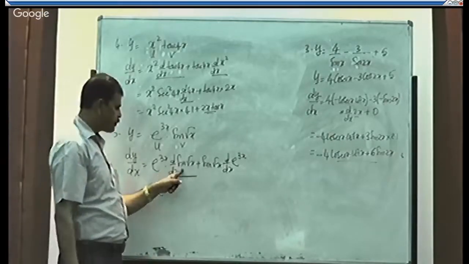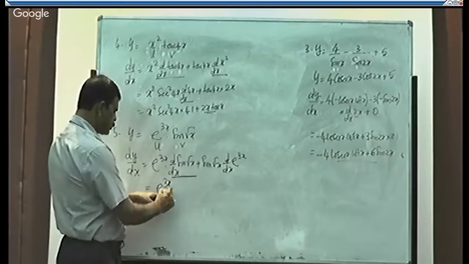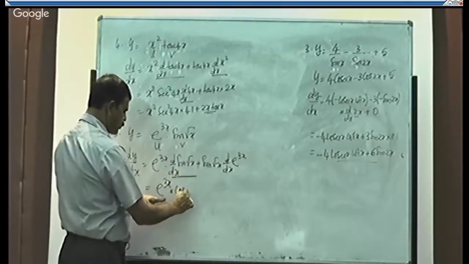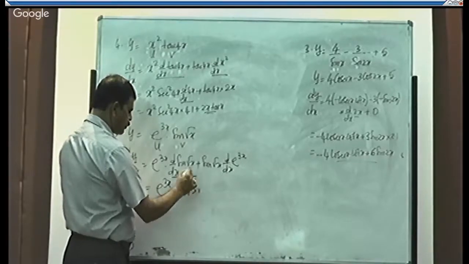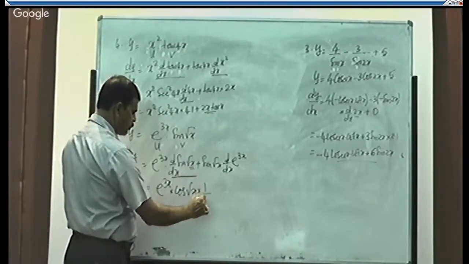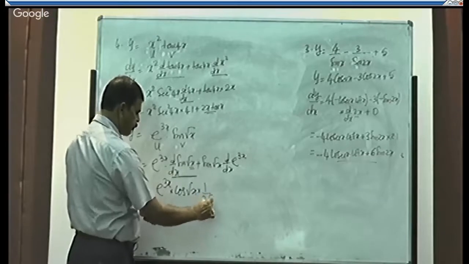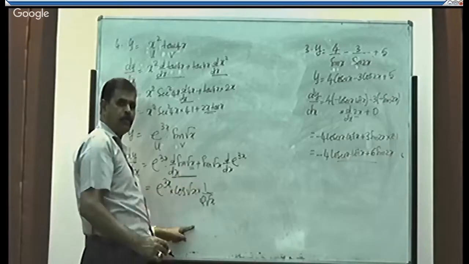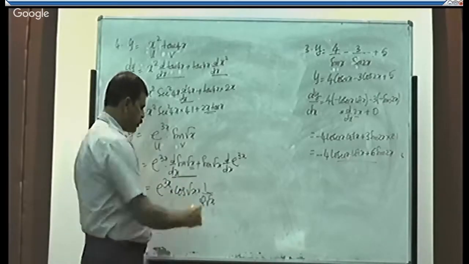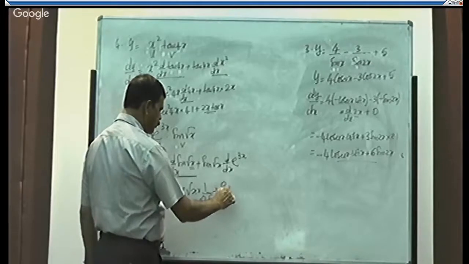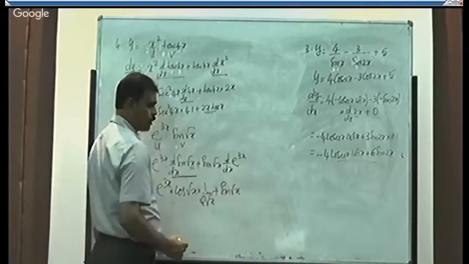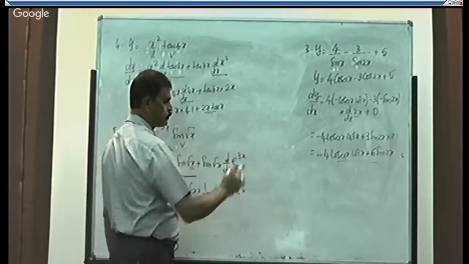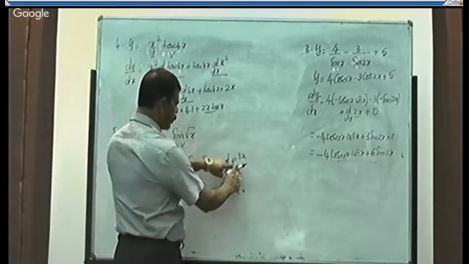It is a function of a function, so use the chain rule. Differentiation of the sine function is cos function into differentiation of the function. We can write directly that differentiation of root x is 1 by 2 root x. Otherwise, write d by dx of root x and derive it in the next step. You can do it like that also. Next, e power 3x.